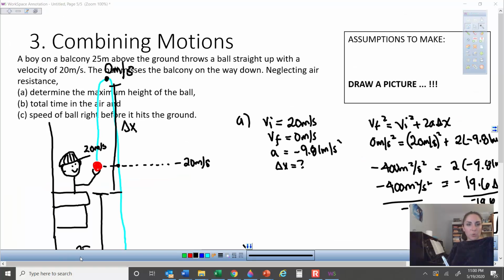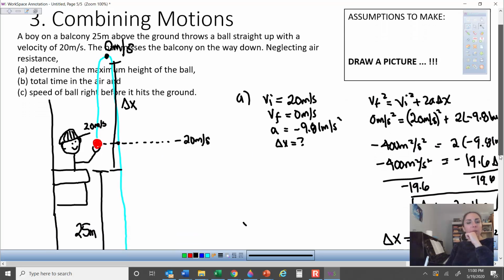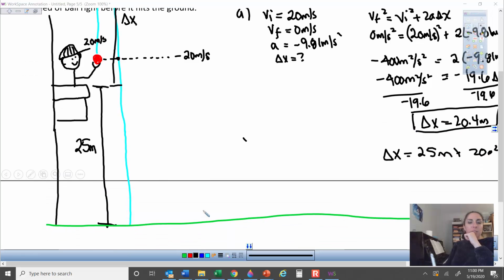Then we want the total time in the air. This one is a tricky one because of this feature. Let's think about a different way to solve it, because technically we don't know the velocity down here.